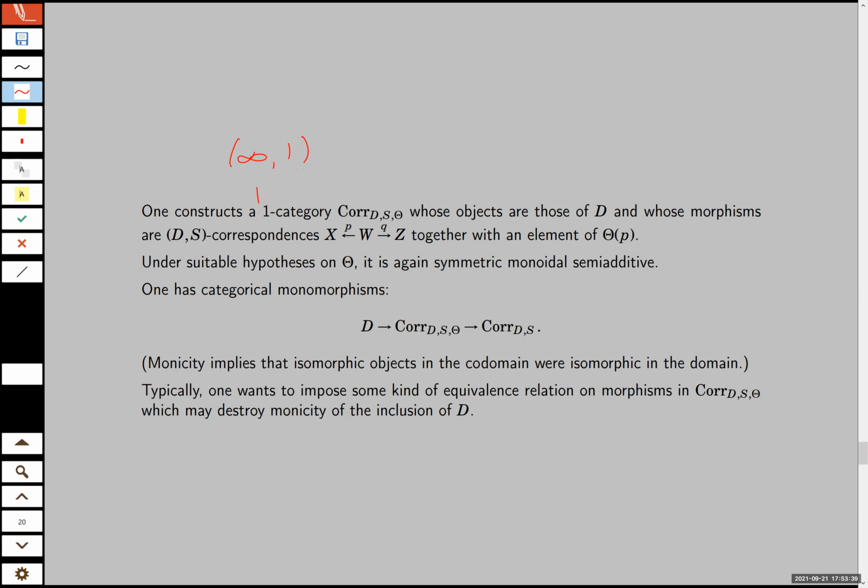You have a lot of the same properties again. You get the direct sums, you get the homotopy commutative monoid structure on mapping spaces. You get the factorization system, and you get the map from D core into these labeled correspondences, which is again a categorical monomorphism.